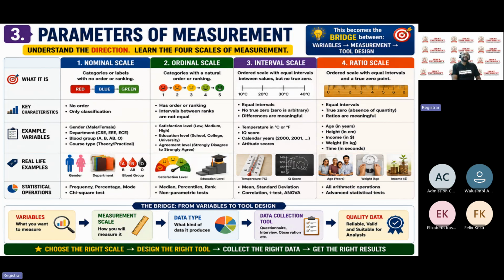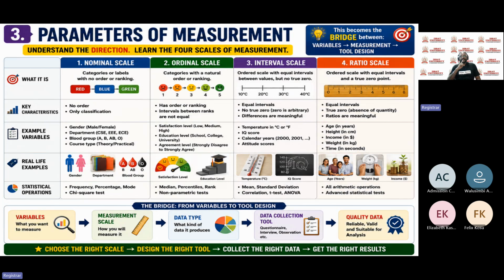If you take something in a nominal scale, we know that it has no order or ranking. In our real life examples, if you take gender, gender doesn't have an order, isn't it? Department, blood group.